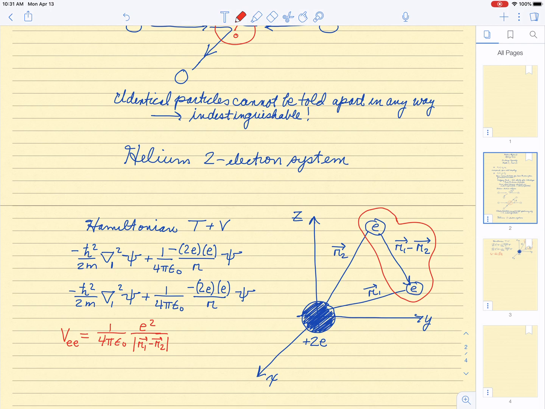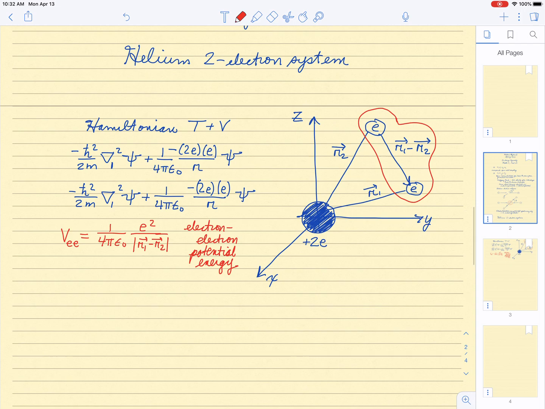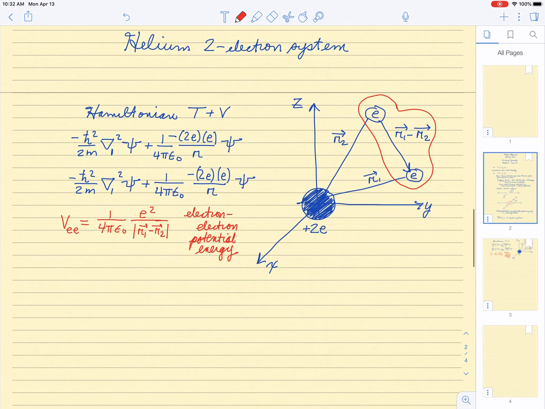So this is the electron potential energy. And for reasons that I don't want to go into right now, putting this term in makes this problem intractable, and it's not able to be solved in a closed analytic form like we were able to do with the hydrogen atom.